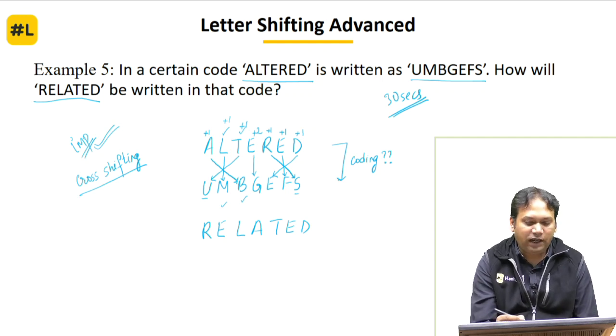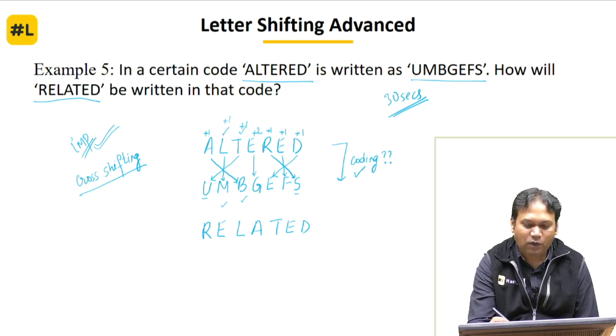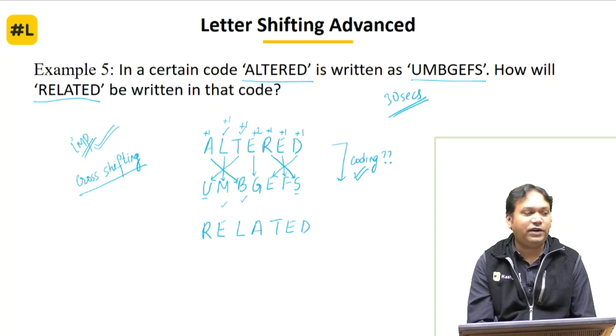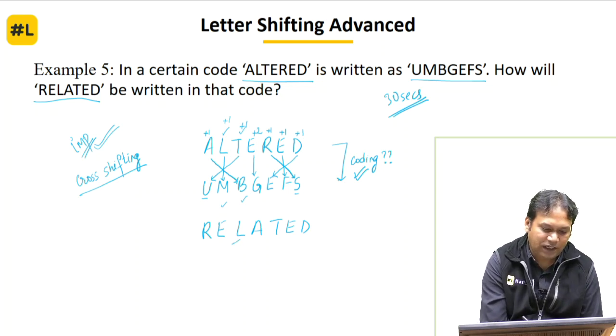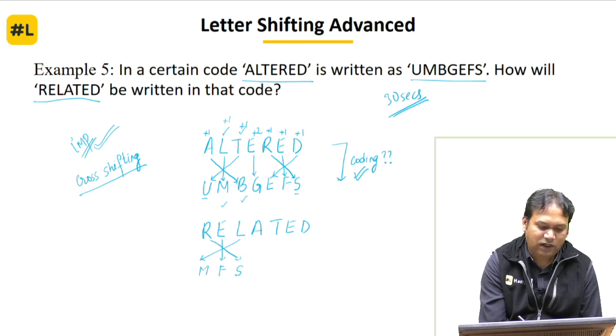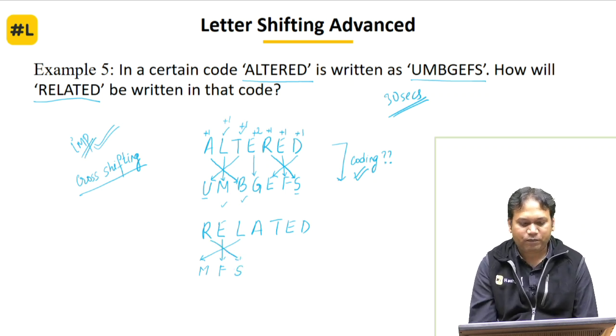So now we have understood what the coding method used is. Can we decode the word? Using this technique, L will become M, E will become F, moving forward by 1, R will become S. So we get our third letter, MFS.